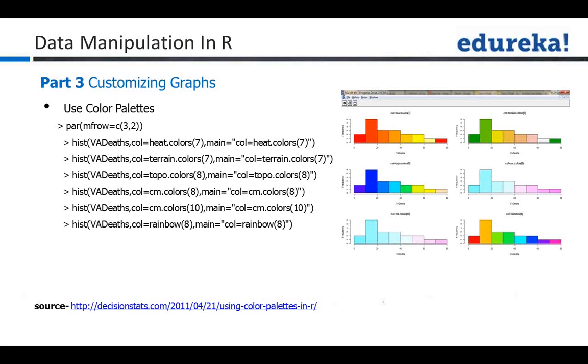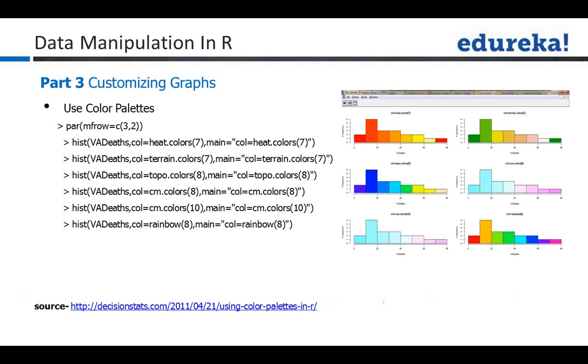So the first command here, where you're doing a histogram of some depths, you are saying that I want heat colors, and you're passing a parameter 7. Okay, so heat colors 7 is probably a kind of a heat map scheme. So it is a red, orange, yellow kind of a color scheme.